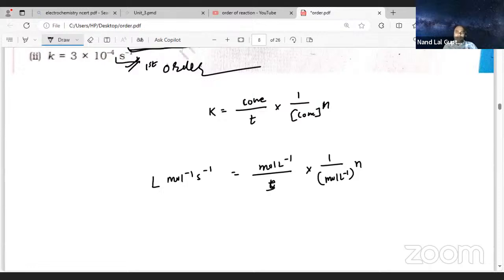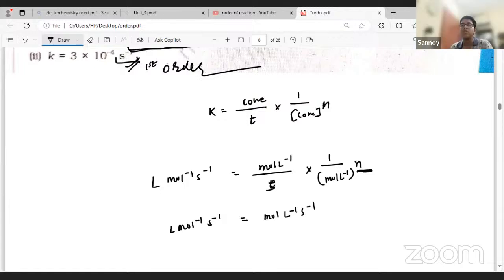You solve this and you will get the value of n. Getting my point? Yes, sir. So if I solve this, it is going to be mole, liter inverse, second inverse. Is it coming?